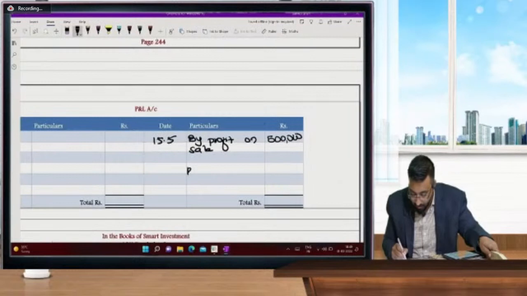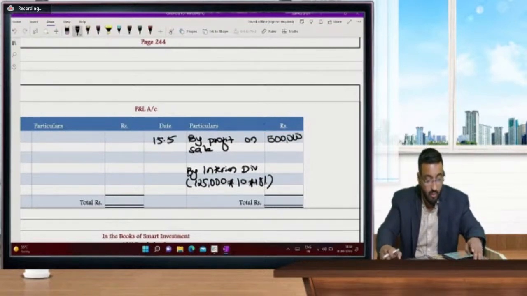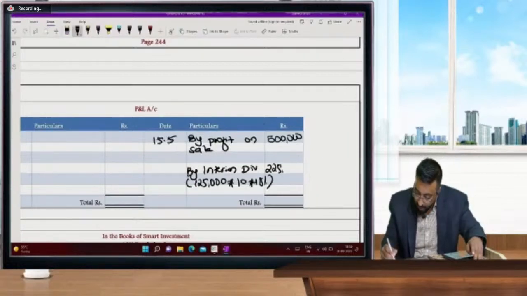So interim dividend by income, no? On which price? On cost or face value? 1,25,000 into face value 10. Focus, beta, focus. 1,25,000 into 10 into 18%. 2,25,000.